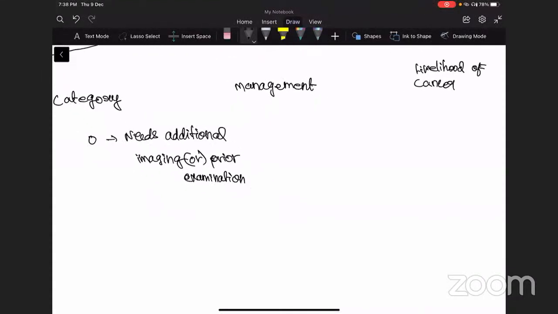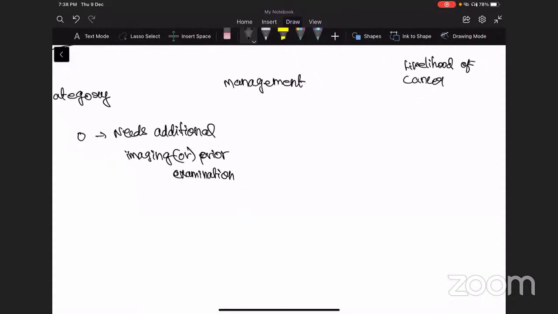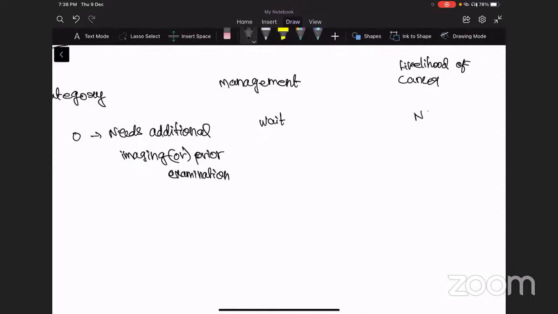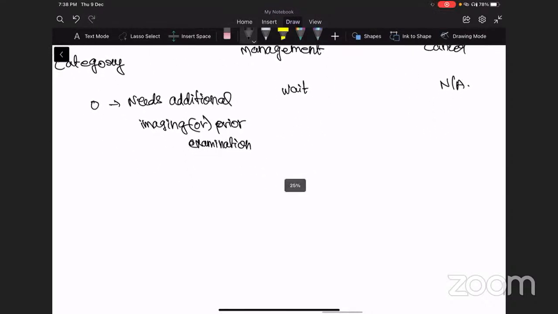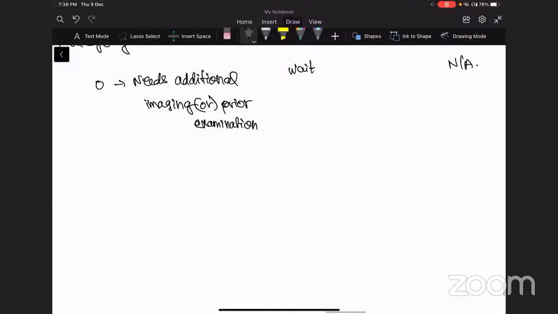So category 0 needs additional imaging, maybe like an MRI or a mammography, and also general examination of the breast. Management is to wait for the additional imaging and look for it. Likelihood of cancer is not available, and it's only available when we go for additional imaging or further examination.